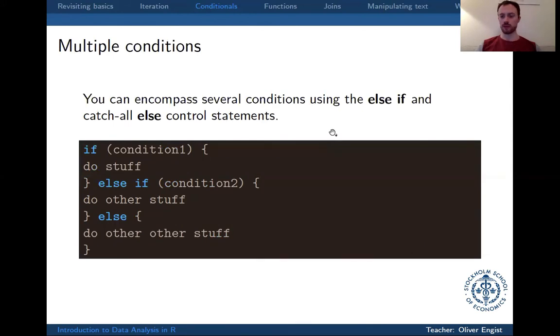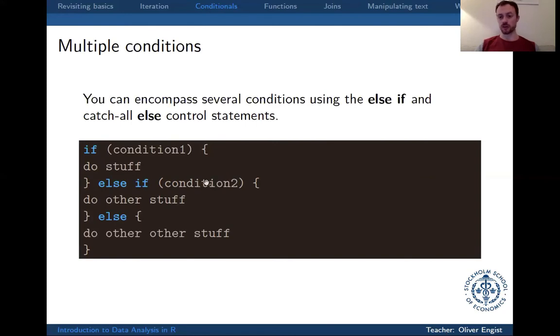You can also have multiple conditions, and in that case, you would use a so-called else-if statement. What we do here is a very natural extension. We would first test if the first condition is true. If the first condition is not true, we will skip the code inside the body here and check the second condition.